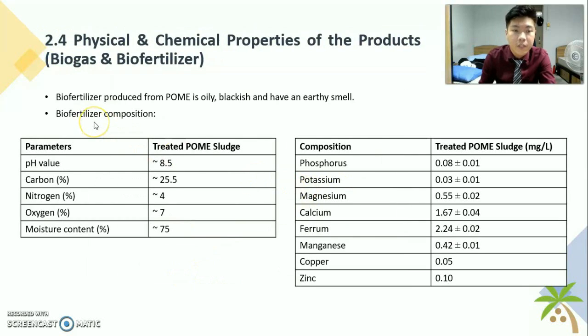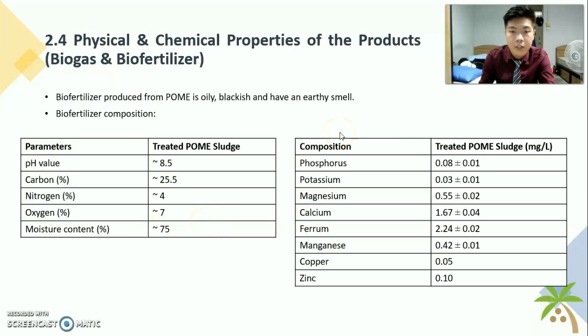For the biofertilizer instead, biofertilizer produced from POME is oily, blackish, and has an earthy smell. And this biofertilizer basically is the treated POME sludge, containing pH value of around 8.5, carbon percentage of 25.5, nitrogen of 4, oxygen of 7, and moisture content of 75%.